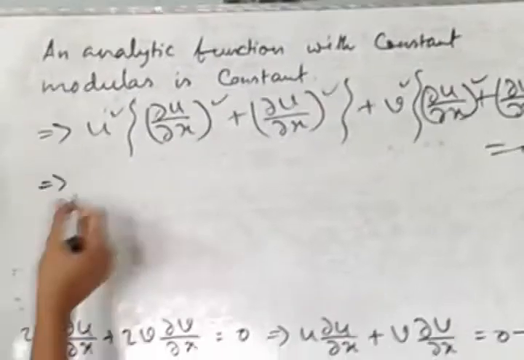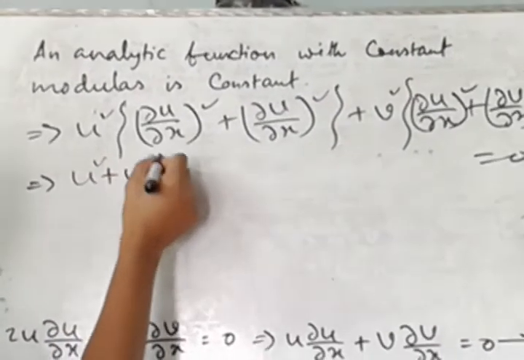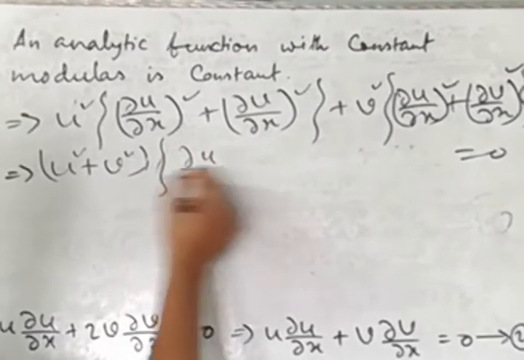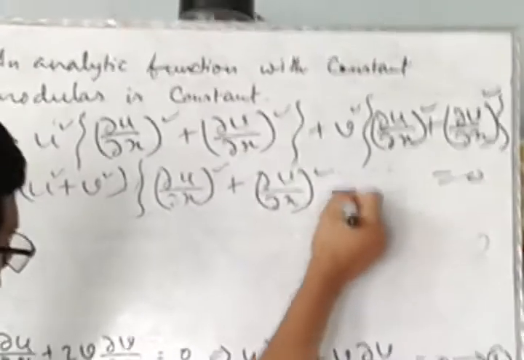And from these, this can be written u square plus v square, del u by del x square plus del v by del x square is equal to 0.